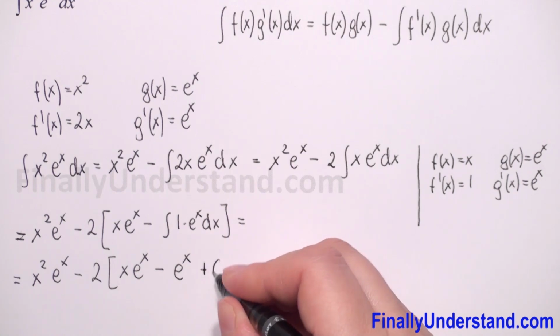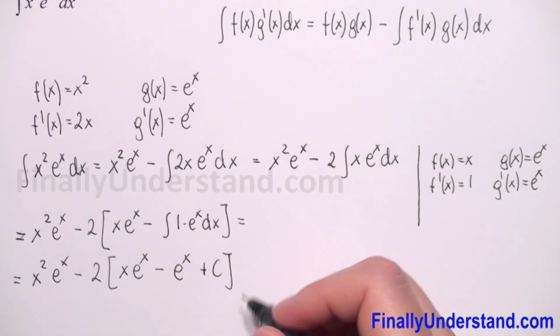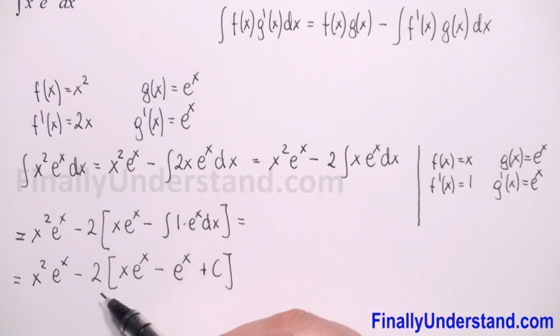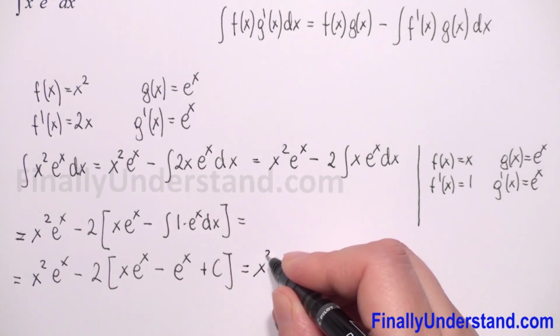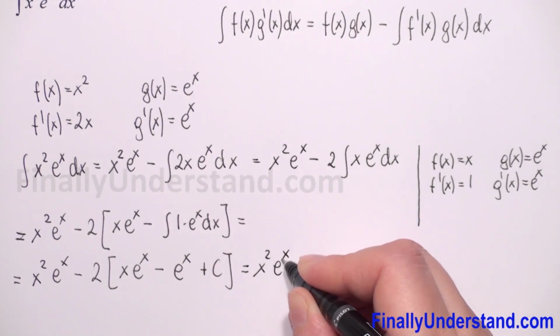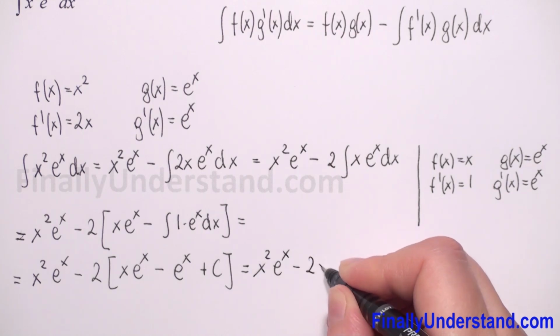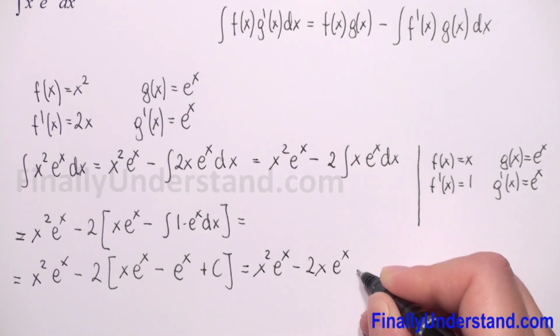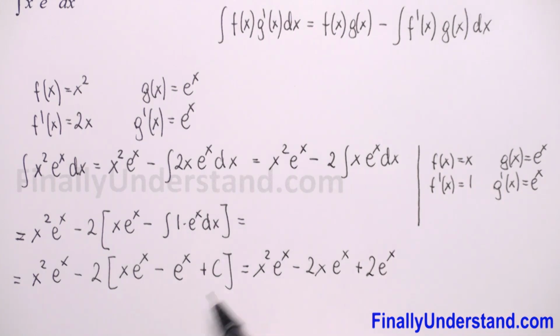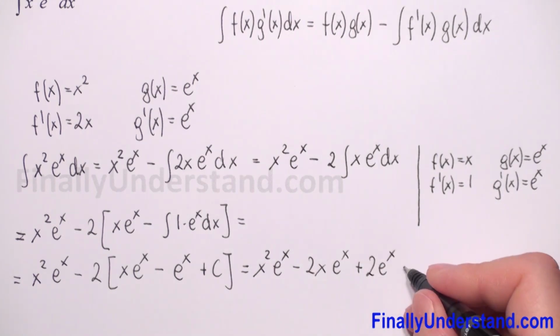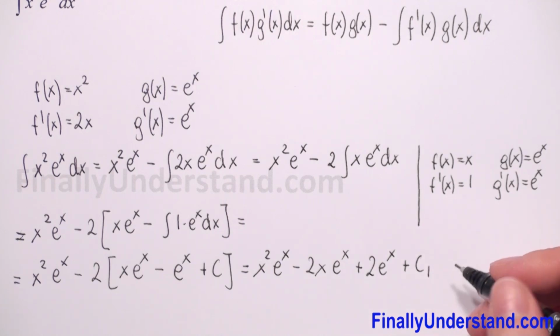We have to add a constant. What can we do? We can do multiplication. So this is equal to x squared times e to power x minus 2x e to power x. Negative and negative give us positive 2 e to power x. Negative 2 times a constant will still be a constant, so we can put plus c1.